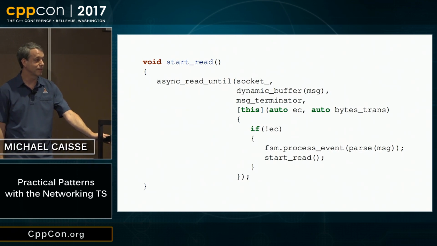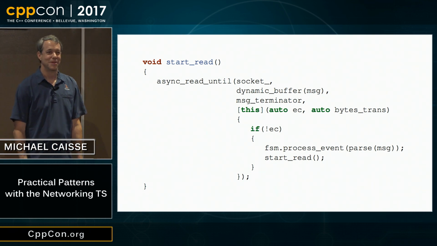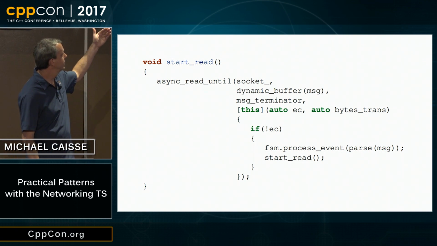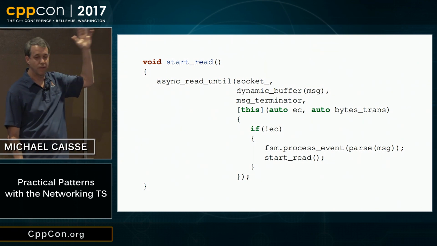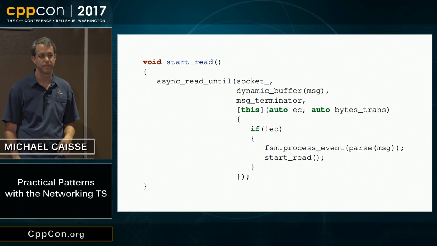And if you still love completion handlers, you can still do that. In which, at the end of reading, you go ahead and pass off the event to the state machine.